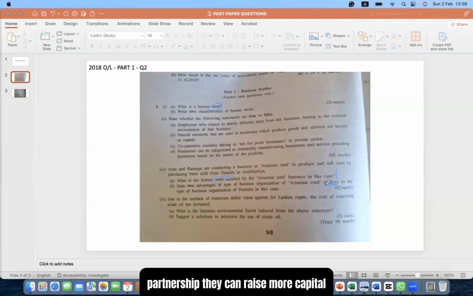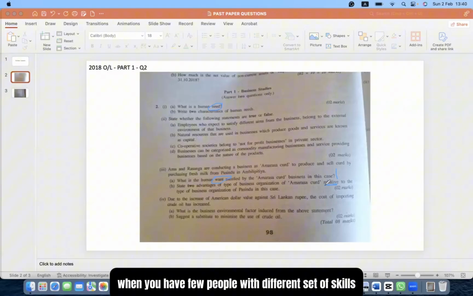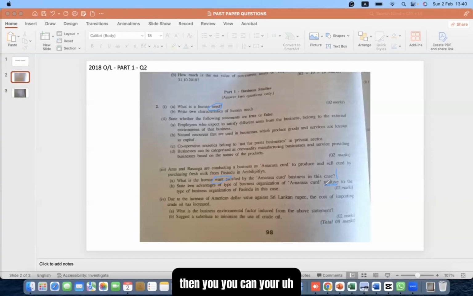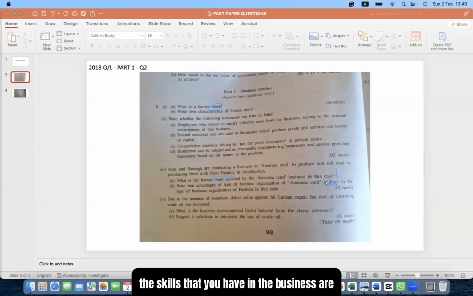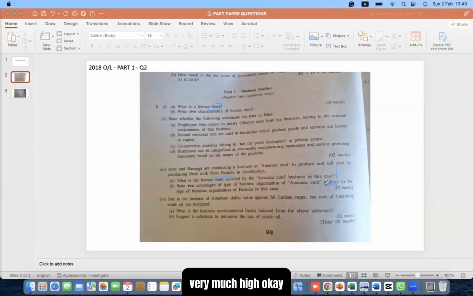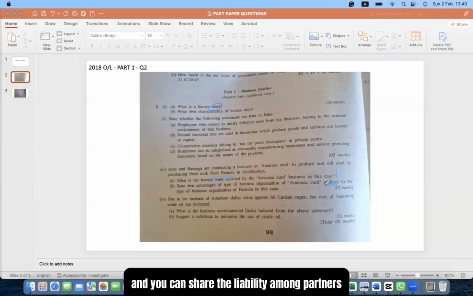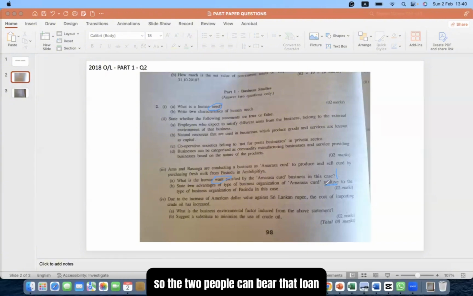They can raise more capital because there are more partners. And they can employ different skills of partners. When you have few people with different set of skills, then the skills that you have in the business are very much high. Okay, and you can share the liability among partners. Now let's say they are going for a loan, so the two people can bear that loan.